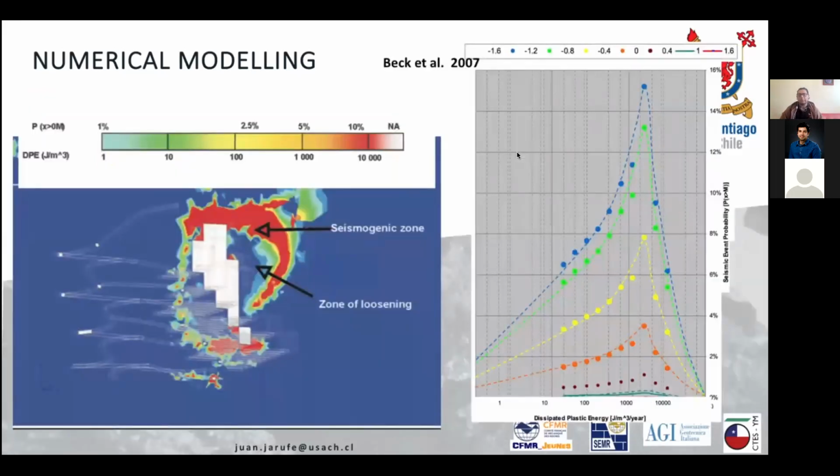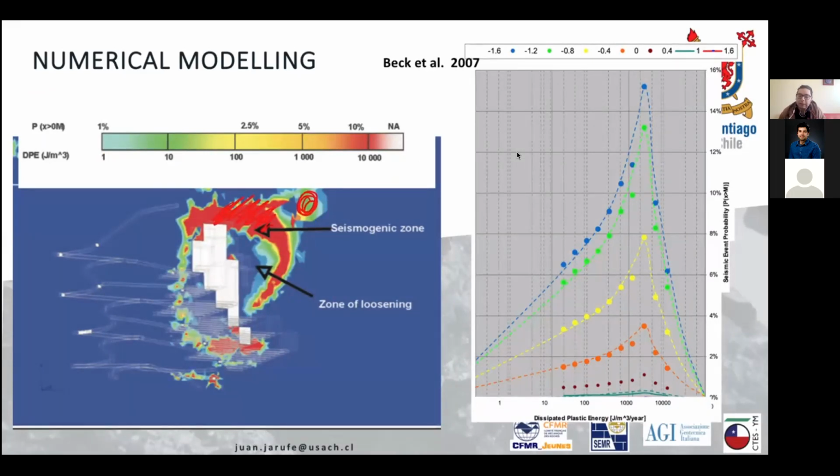Beck also proposed a method where you can calculate the probability of having some magnitude. He can link the probability of having seismic events of a certain magnitude to certain zones of your numerical model. For example, he counted how many events of magnitude 2 you have in here, how many events of magnitude 1 you have in here, and then he did this.